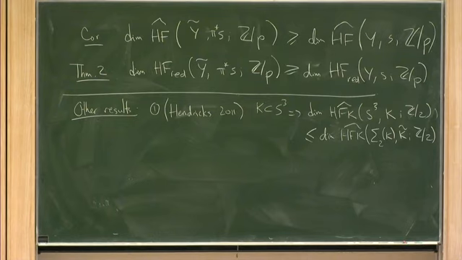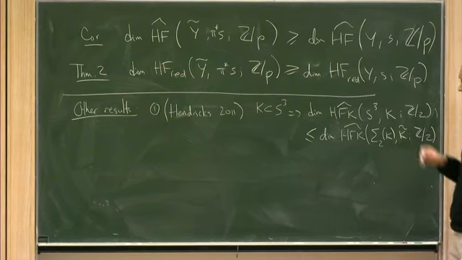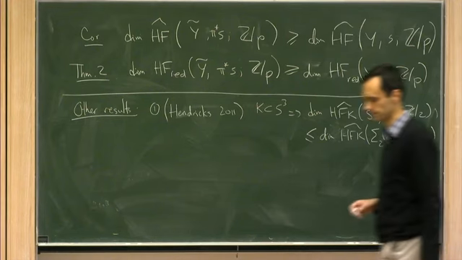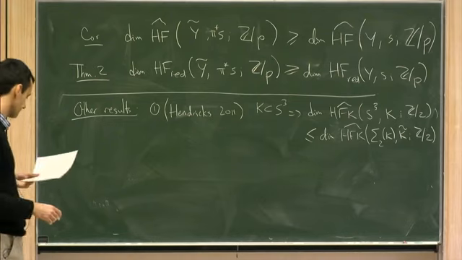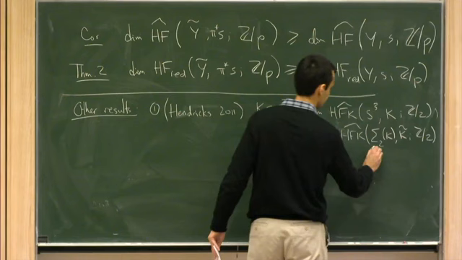Right, so instead of taking covers, you can take branched covers, and somehow her techniques only work for the 2-to-1 cover, the double branched cover, and you can look at the knot inside S3 or inside the branched cover, and you have this rank inequality.